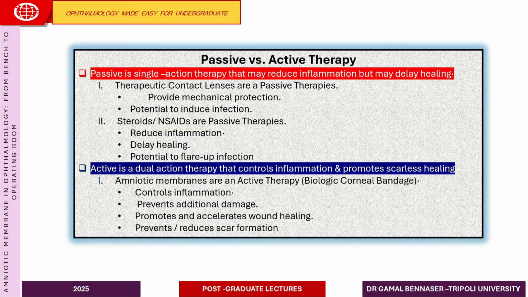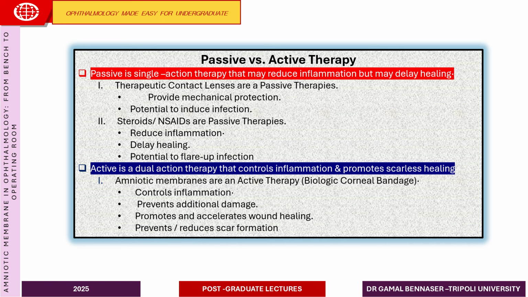However, the active therapy or the dual action therapy controls the inflammation and at the same time promotes scarless healing. So it controls by dampening the inflammation, but not at the expense of the healing. And this also will lead to decreased scar formation. And the amniotic membrane is the best example of this active therapy.